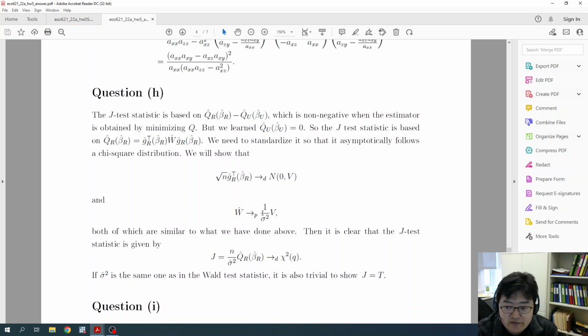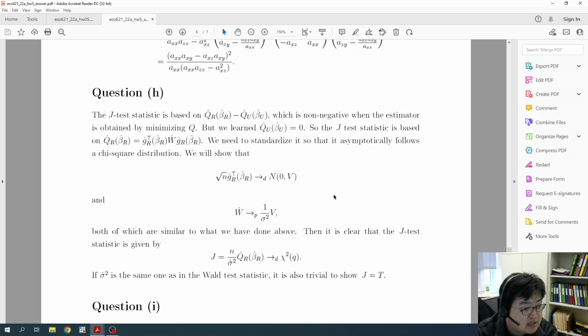So you have to reinstate sigma squared in your weighting matrix. Actually, excuse me, it's my mistake. I had to take the inverse of that, right? I forgot to say inverse.